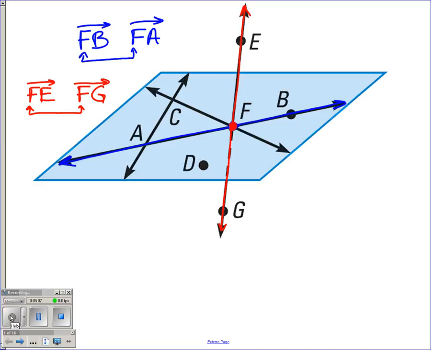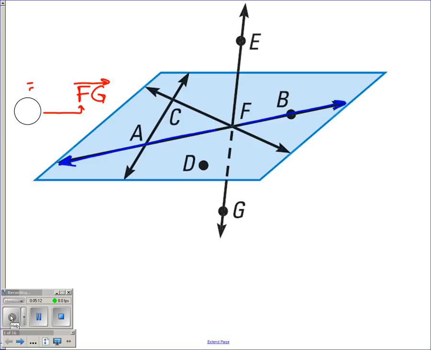Well, let's go on to question number 4. It says, are the points A, C, and G coplanar? Then it asks for an explanation. Well, let's take a look at A, C, G. Now, the question is asking, are they coplanar?